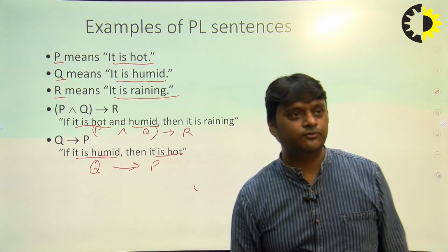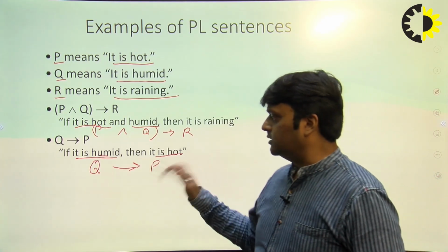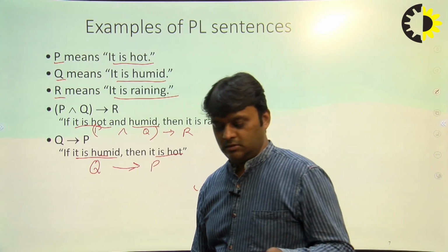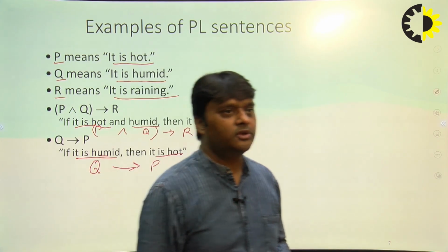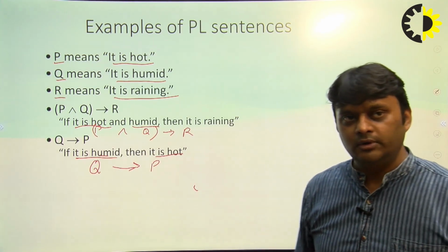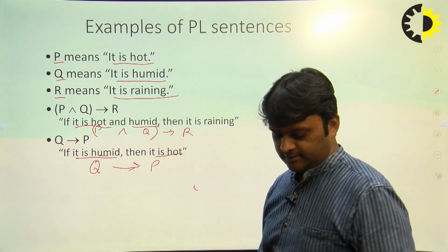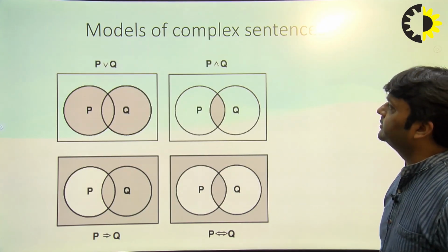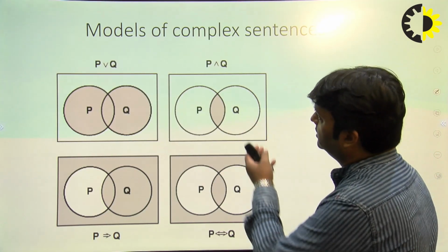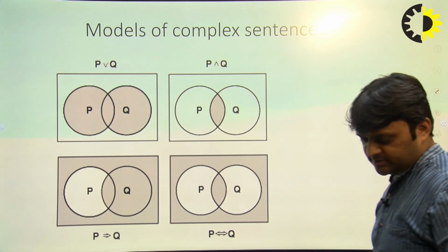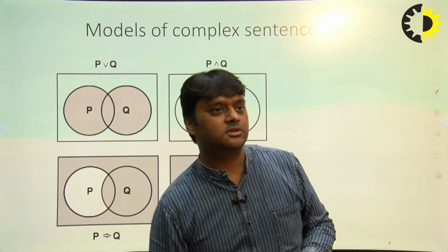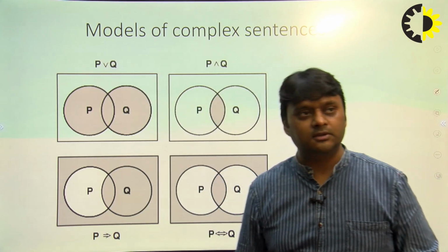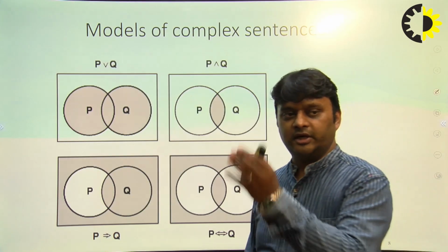So in this way, any statement can be converted into symbolic form and represented with the help of logical connectives. These are the model of complex sentences, meaning we construct complex sentences with the help of logical connectives.